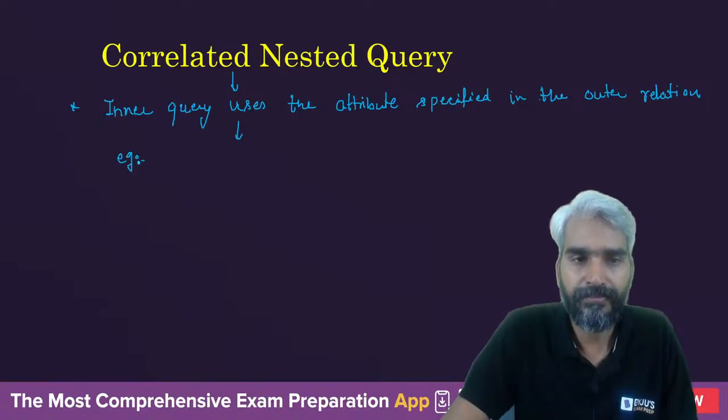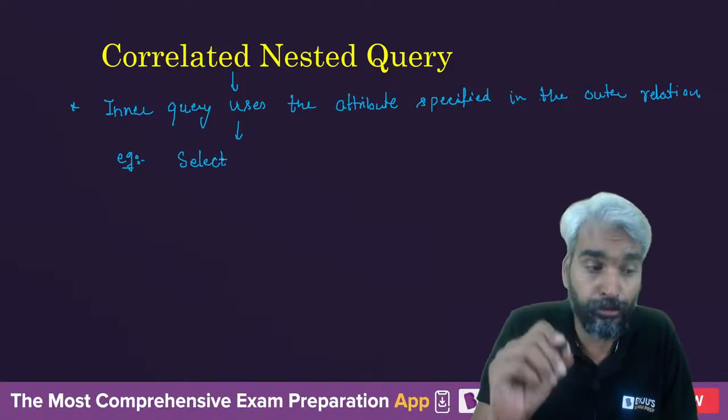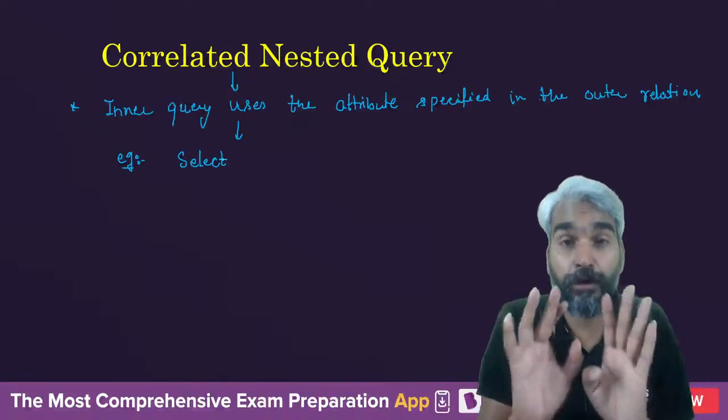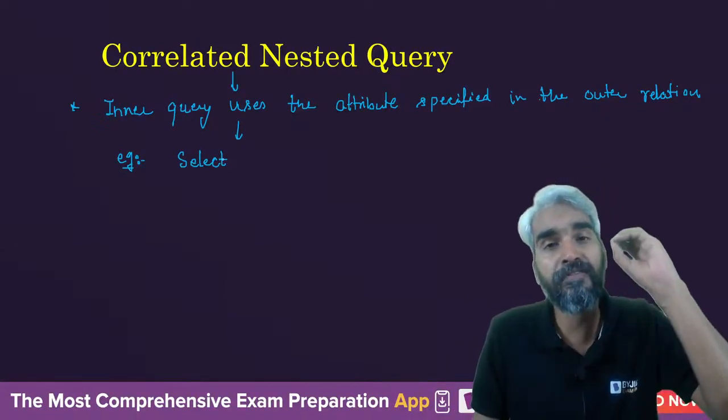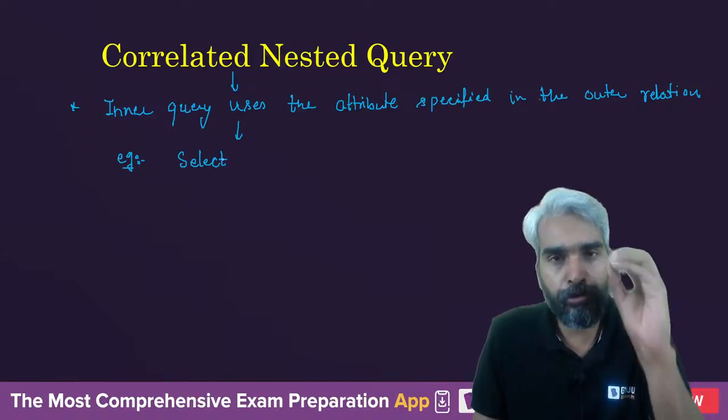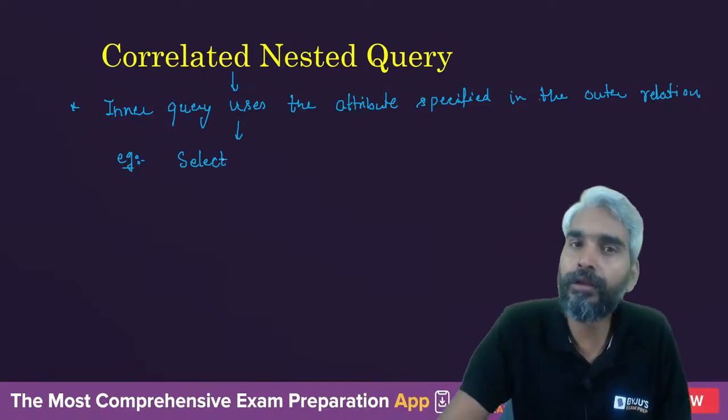So you can say select, and this is most important. So please watch it carefully, because this is the most important thing in terms of SQL. If you don't know this, then perhaps you have lost your 2 marks.